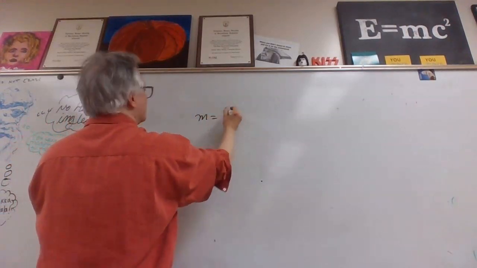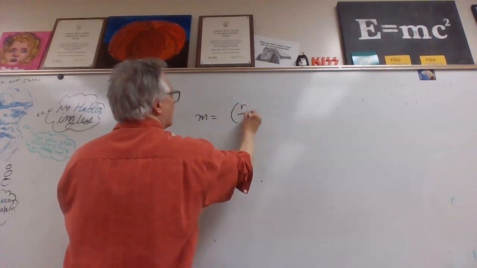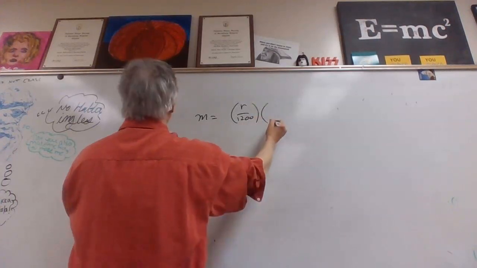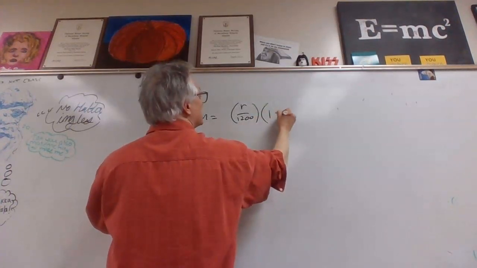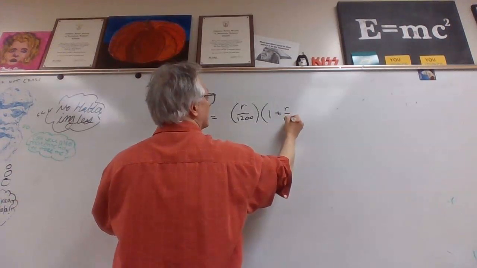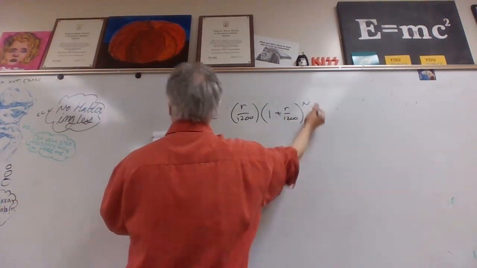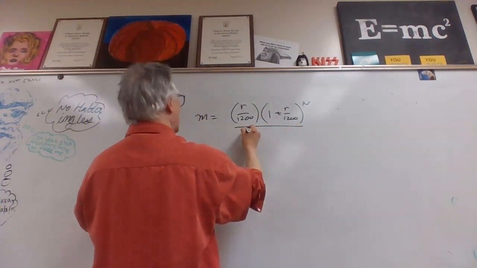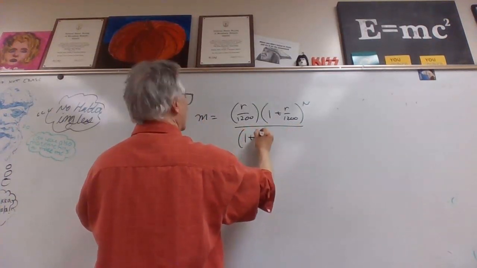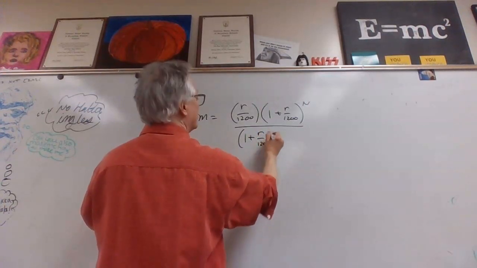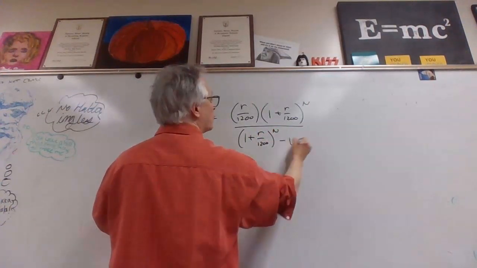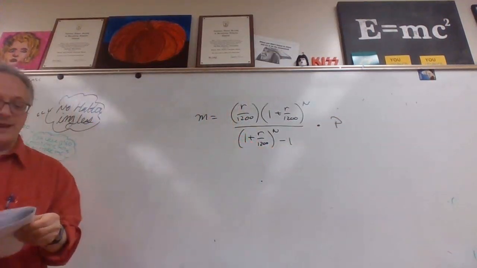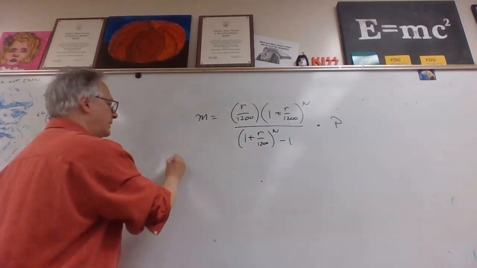M is equal to r over 1200 times 1 plus r over 1200 raised to the n power, divided by 1 plus r over 1200 raised to the n power minus 1, all this times p. And they want you to say, well, what does p equal?